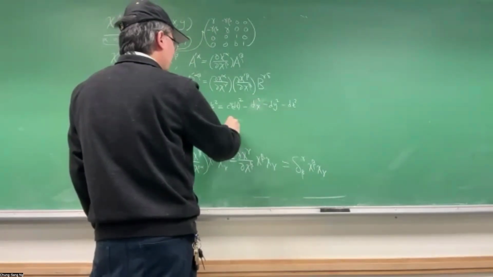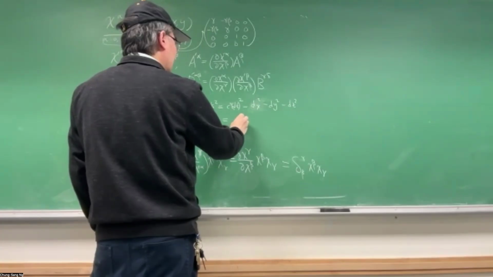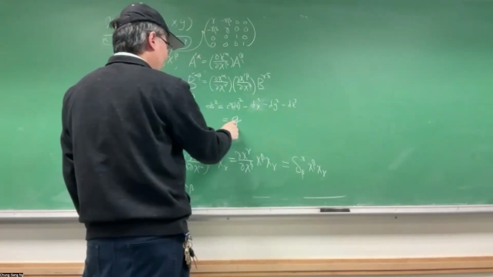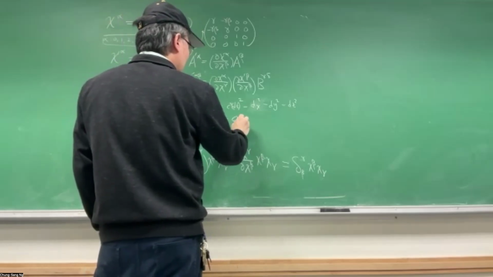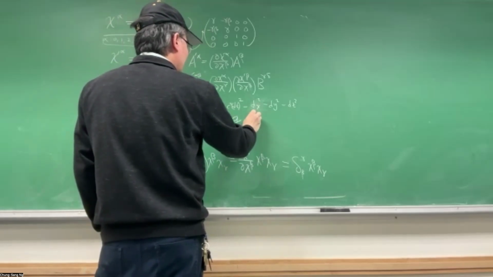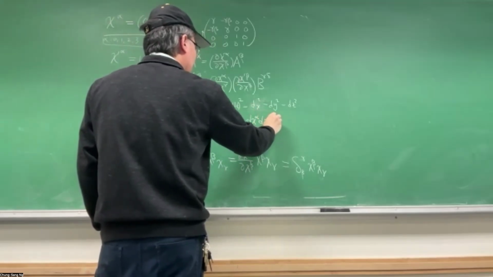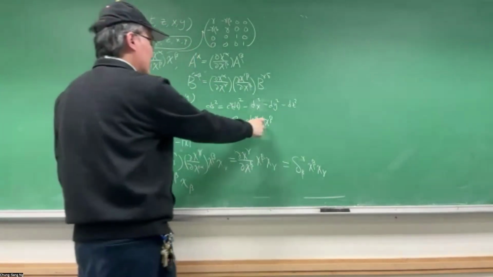In a general way, you can write it as a summation with what we call a metric tensor, g alpha beta, times dx alpha dx beta. Generally, this is the form.